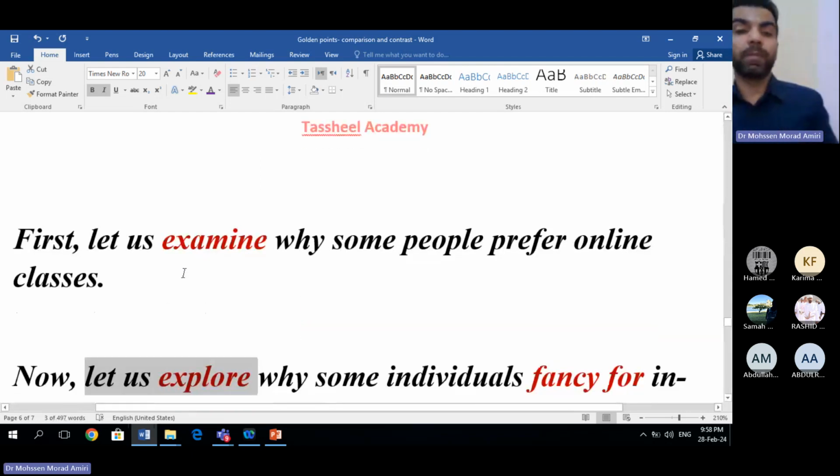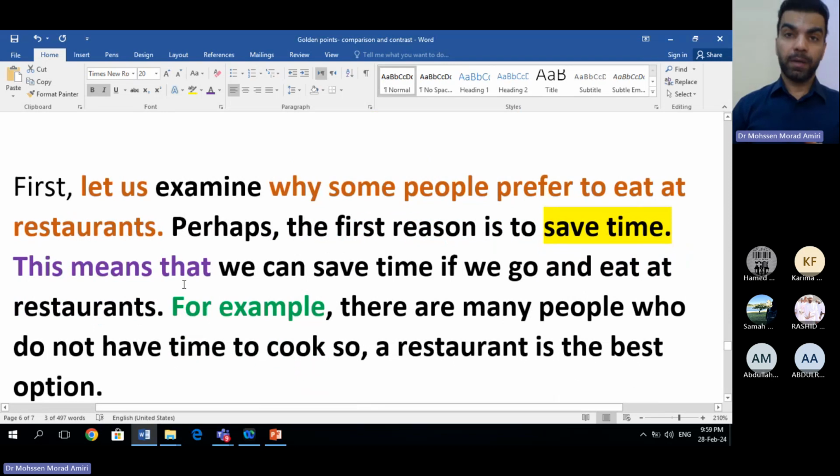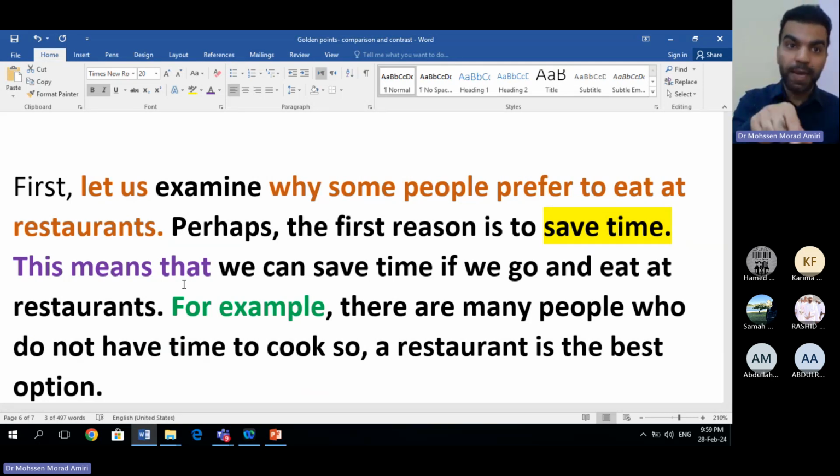So for the body, I will explain it in the next session. But one body paragraph I want to teach you now: how to write the body paragraph. Just try to read it. First, let us, this is one of the topic sentences.